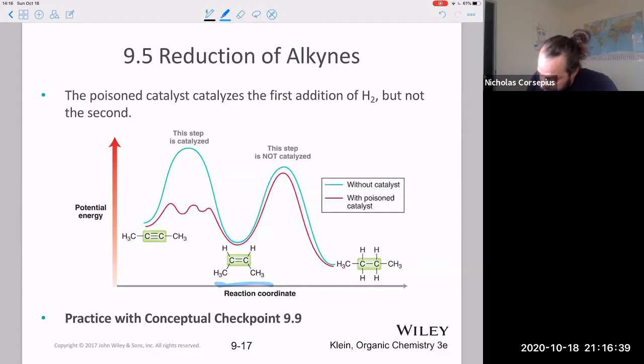That first step, starting with an alkene, is indeed that activation energy has been decreased, so that can proceed. But the whole shtick about the Lindlars is that it does not decrease the height of that second activation barrier very much, at least to the point where you don't have any formation of the alkane, right? Again, the whole idea of Lindlar is we're able to stop at that alkene. Again, important, it's a cis.